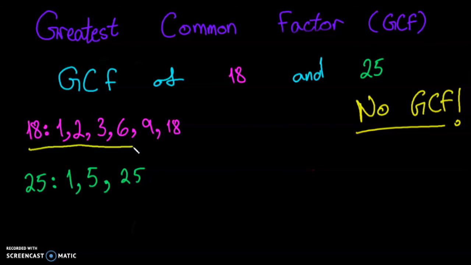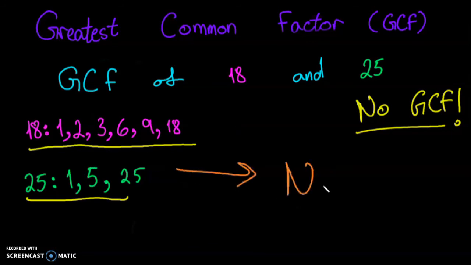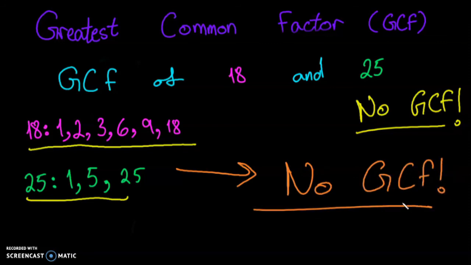As you can see, we don't have common factors, or we don't have a number that's the same, which means no GCF. We got the same answer with both methods.